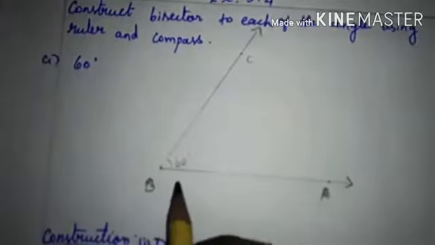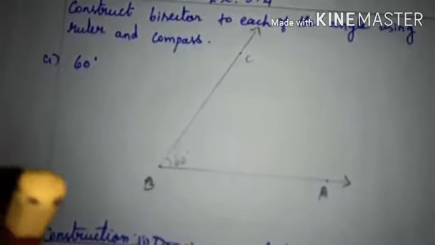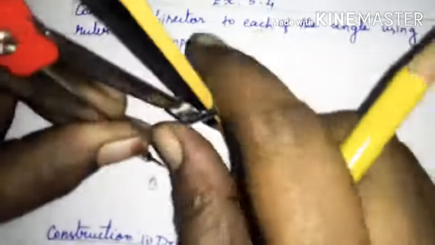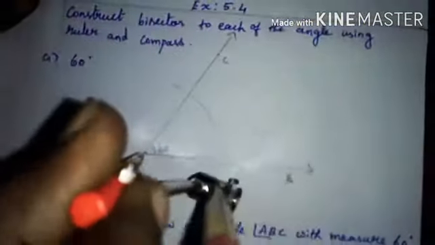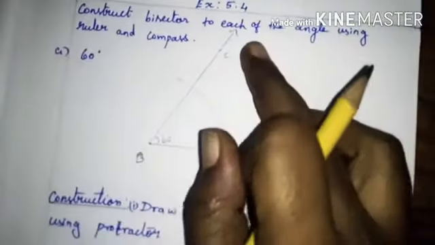Now we are going to construct the angle bisector of this 60 degree angle. For that, take the compass with any radius. Keep the compass at B and draw an arc which intersects both BA and BC.